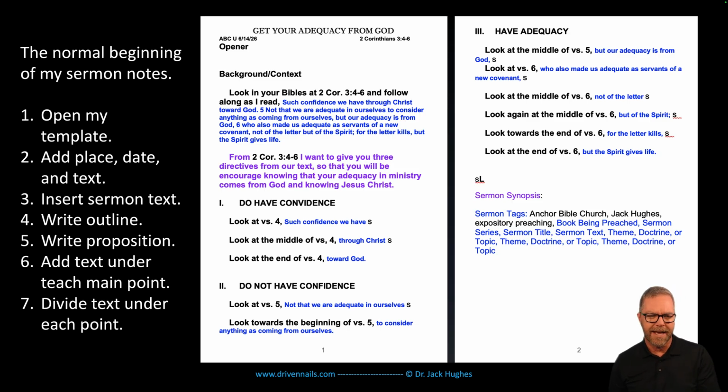So then you divide the text under each main point, which is what we did. And again, we're going to show you how to do this a little bit more later, but this is the beginning. This is the blank of my sermon notes. Now notice, once you have this done, you have your title, proposition, and outline. Under each outline point, the portion of text you're going to comment on, and you're going to break up that text maybe because you want to comment on different phrases.